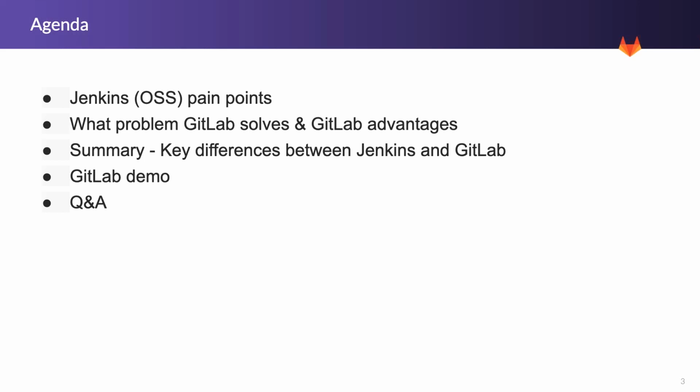Then I will share with you what is the main problem that GitLab solves and the GitLab advantages over Jenkins. And then I will summarize key differences between Jenkins and GitLab. And then we will follow up with the end-to-end GitLab DevOps live demo. And we will keep time for a Q&A.